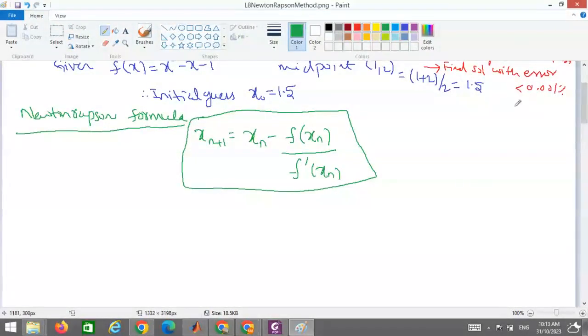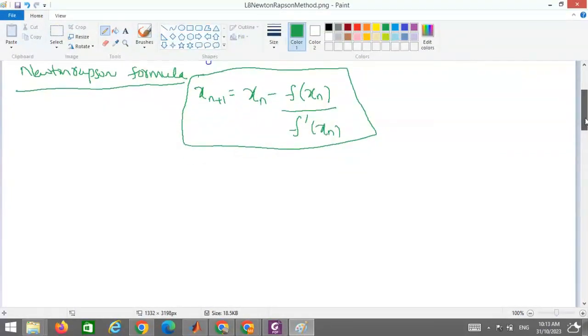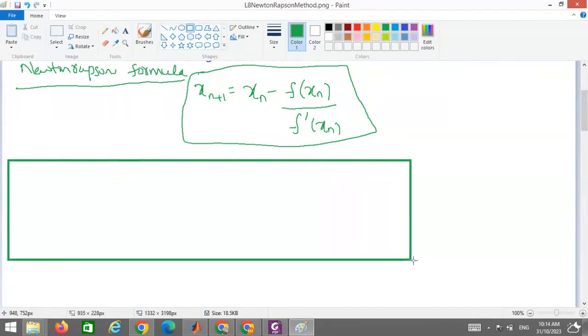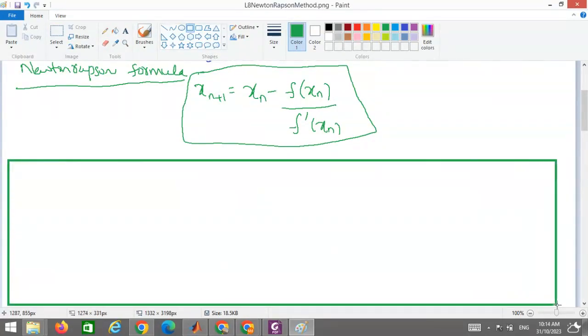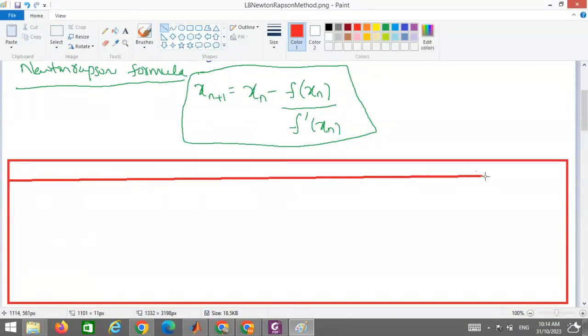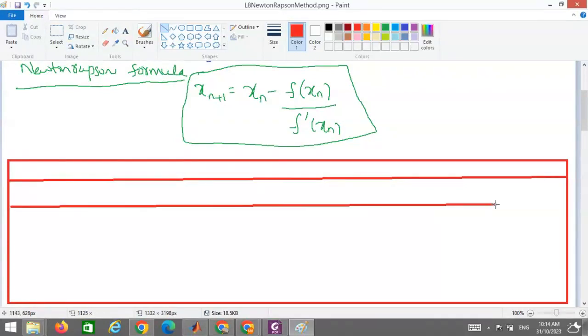Now in order to fill this, we will construct a table so that we will record all our values there. Let me take this in red color, and here let us write the column names, and let us have 5 iterations here.